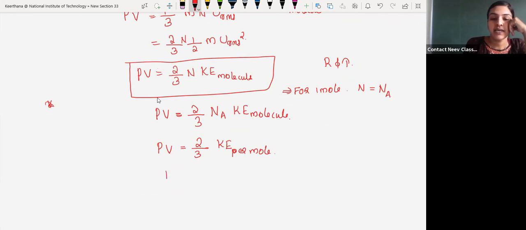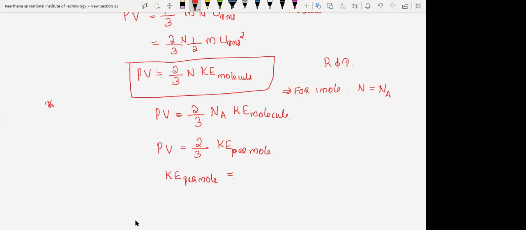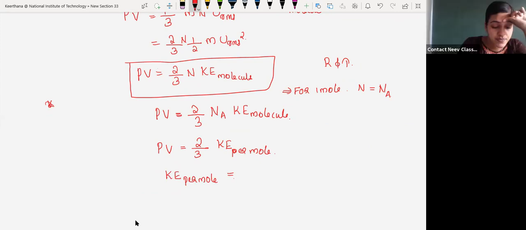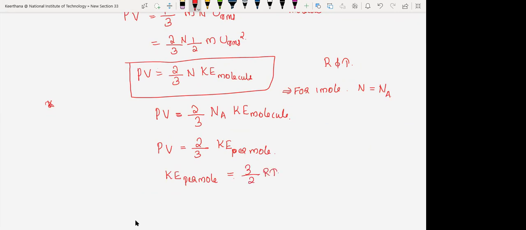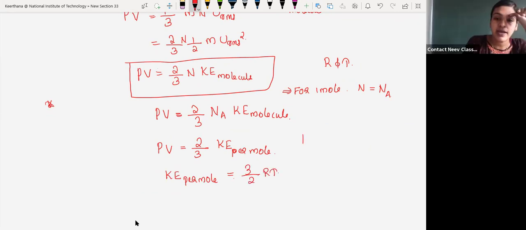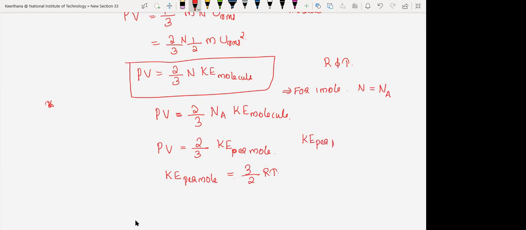So what is kinetic energy per mole in terms of R and T? Kinetic energy per mole is 3/2 RT. And how does it come? We know PV equals nRT, and n becomes 1, so PV equals RT.